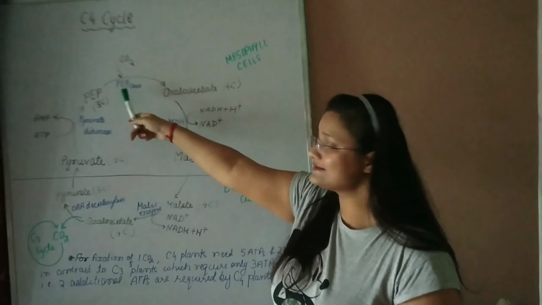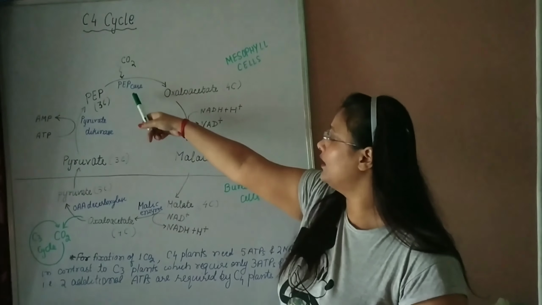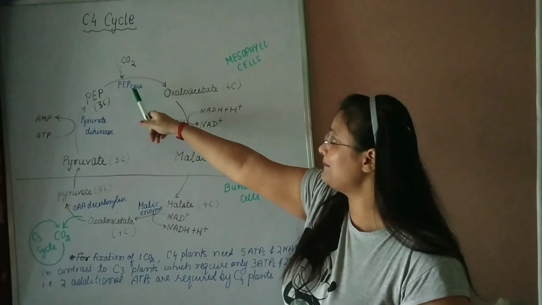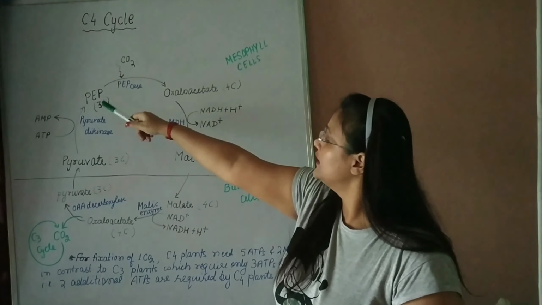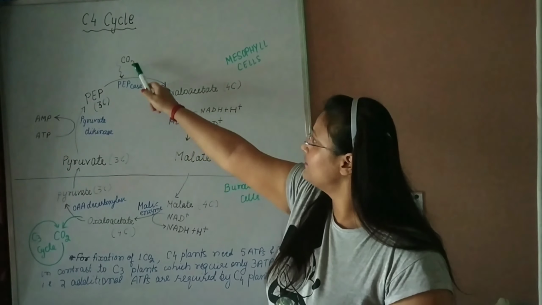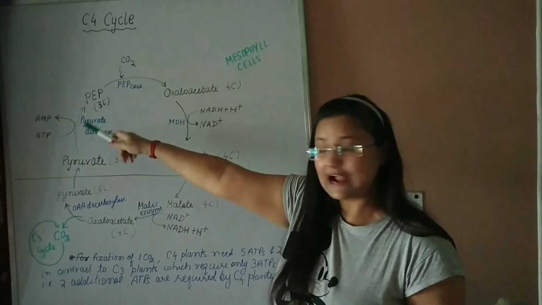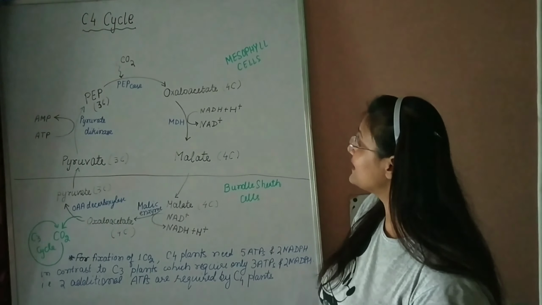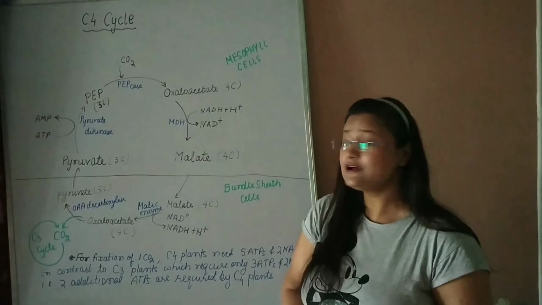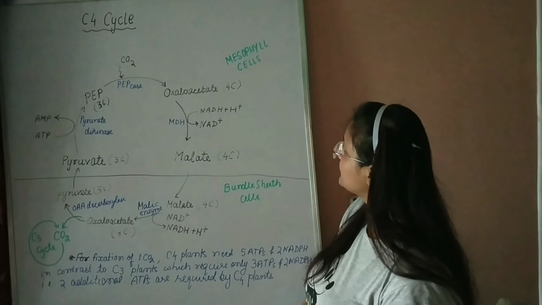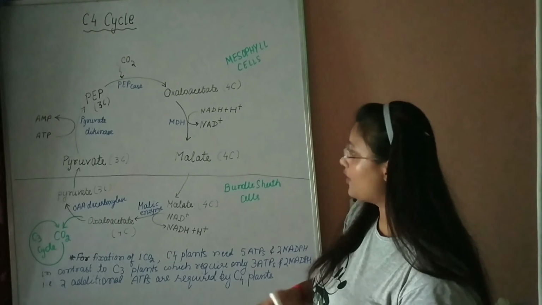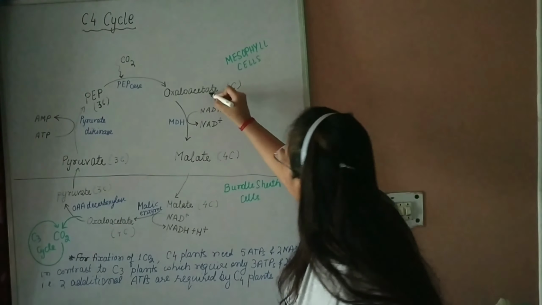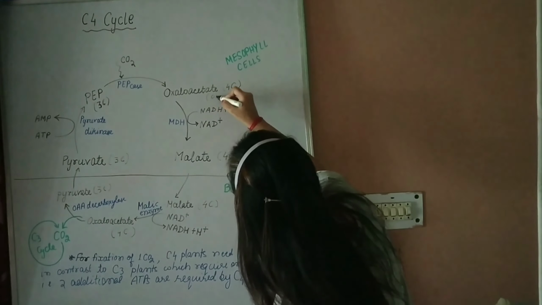With the help of this enzyme, phosphoenol pyruvate carboxylase, PEP is short name. With the help of this enzyme, one carbon dioxide molecule will react with PEP in order to make a 4-carbon compound, which is known as oxaloacetate. The short form for this compound is OAA.